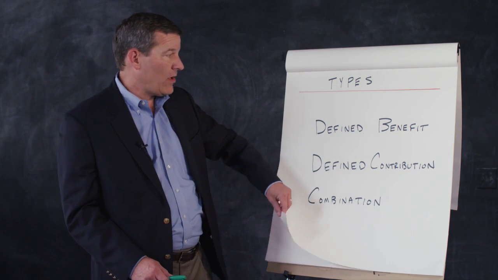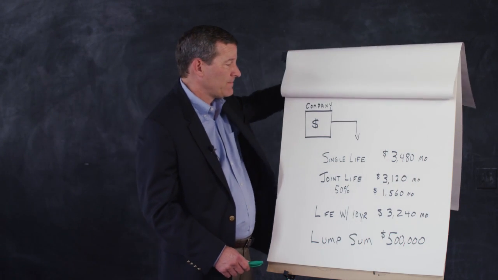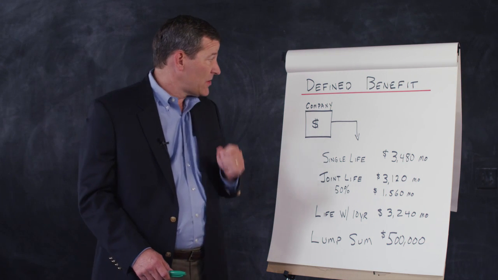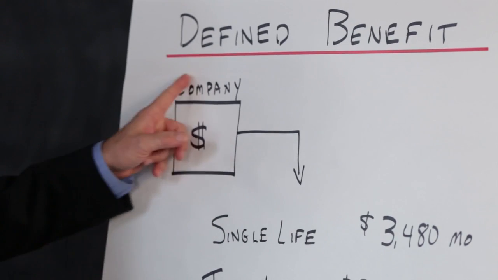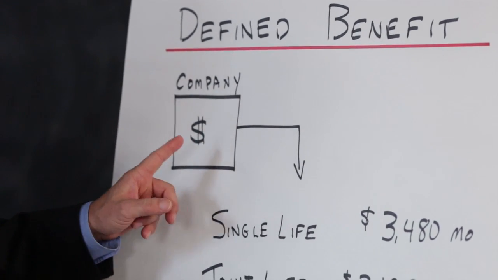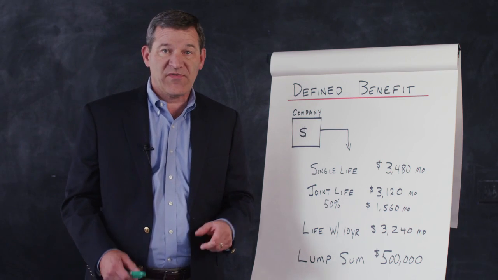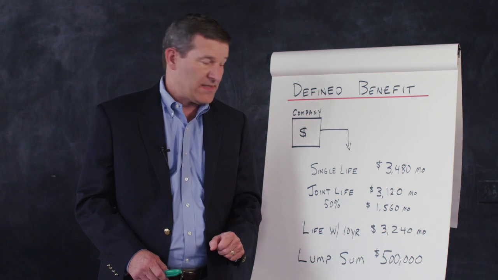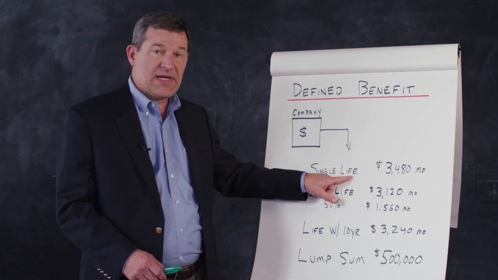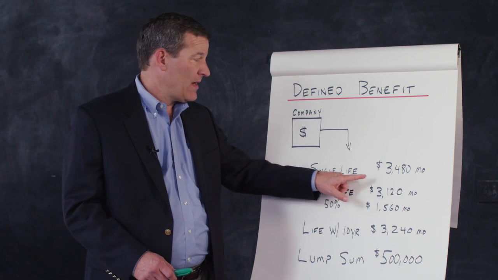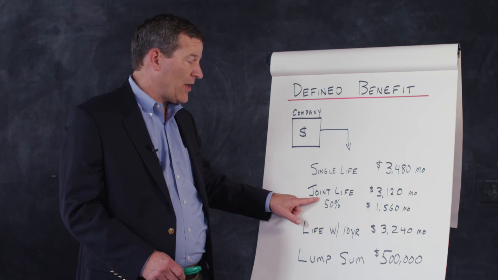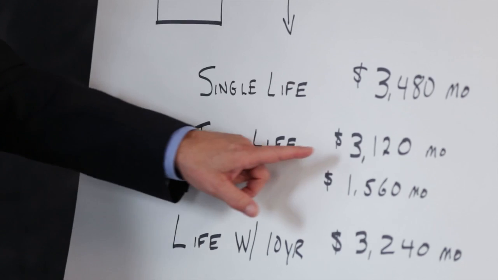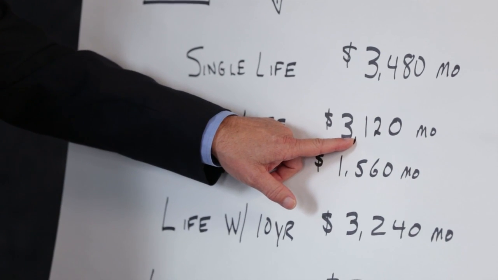So let's take a look at the defined benefit plan as an example. The company has a pot of money along with all your other coworkers, and you can choose from a number of different choices. You can choose a single life payment at $3,480 a month, or a joint life payment at $3,120 a month.